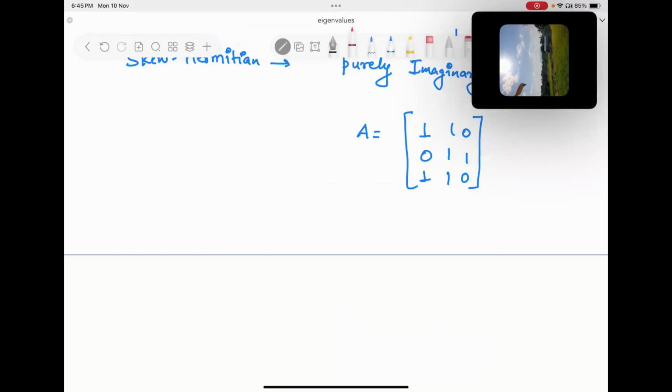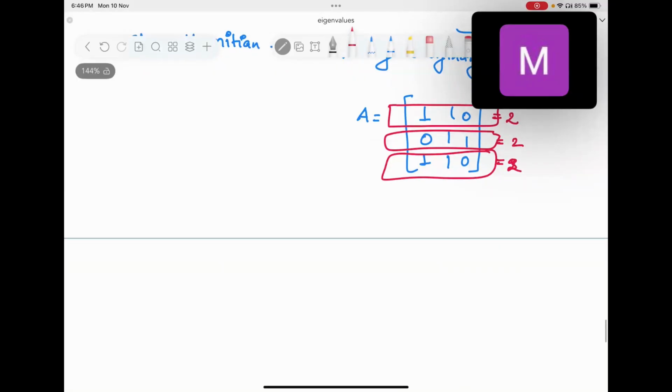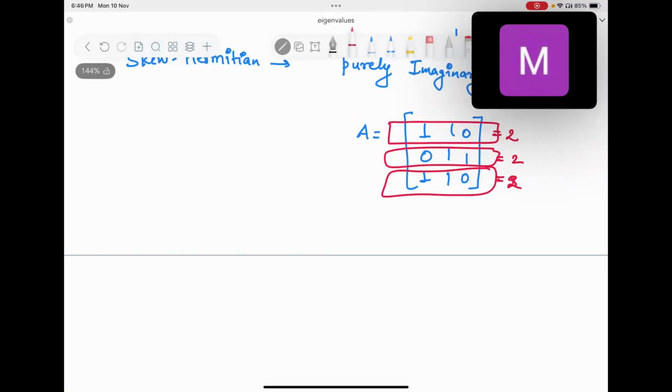You don't need to calculate the determinant and all those. See, what is the sum of the first row? It is 2. The sum of the second row? 2. The sum of the third row? 2. So 2 is an eigenvalue of this matrix.